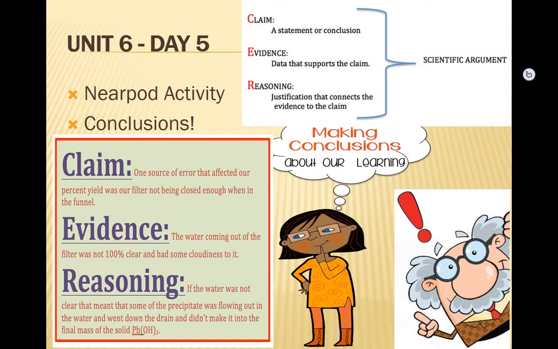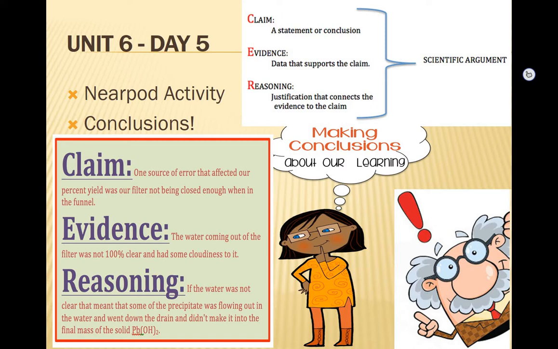So on your claim, there's a couple of things here we can look at. That top one is what I just read. This green area is where I'm going now. The claim is one source of error that affected our percent yield was our filter not being closed enough in the funnel. Evidence. The water coming out of the filter was not 100% clear and it had some cloudiness to it. Reasoning. The water was not clear.